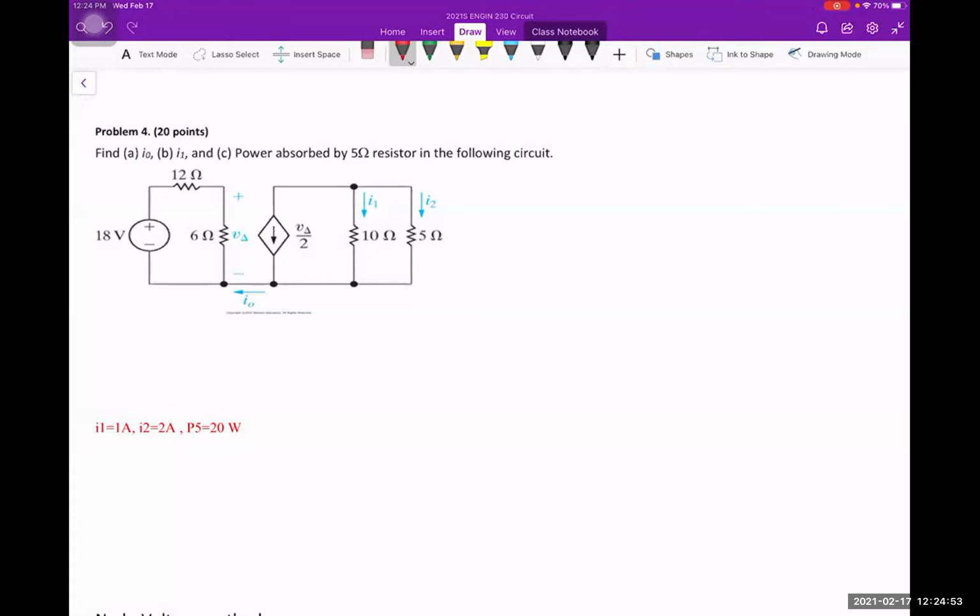It's equal to 0. The reason is that they are actually just a wire and they run independently. Their voltage should be the same at the bottom, so there's no voltage difference. I0 will be equal to 0. So the key on this one is that I0 is equal to 0.